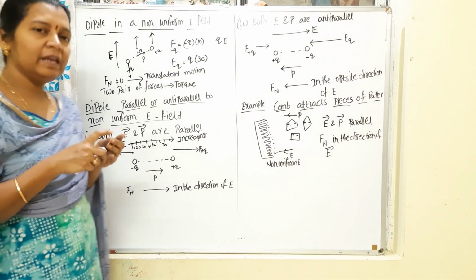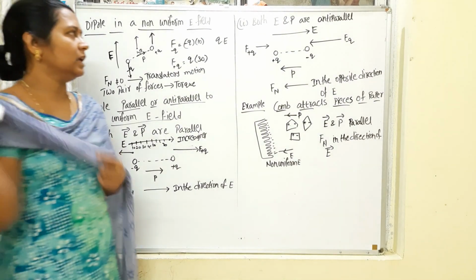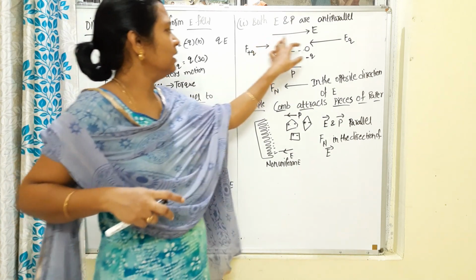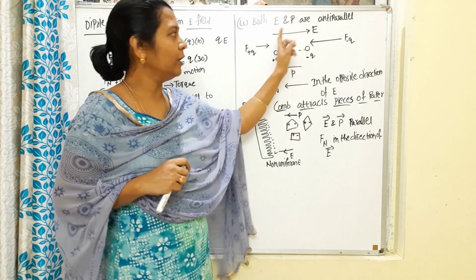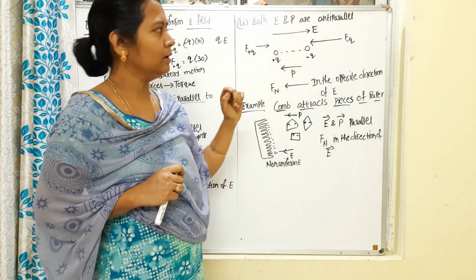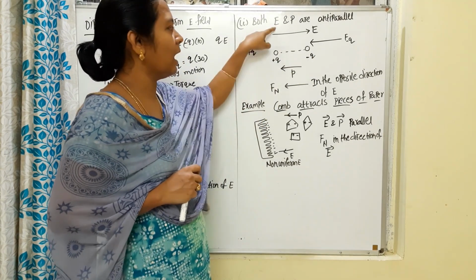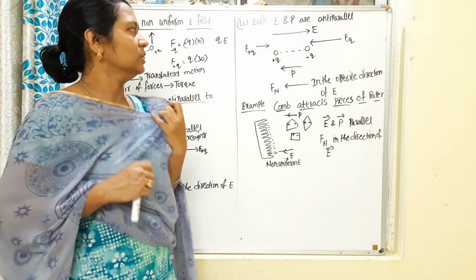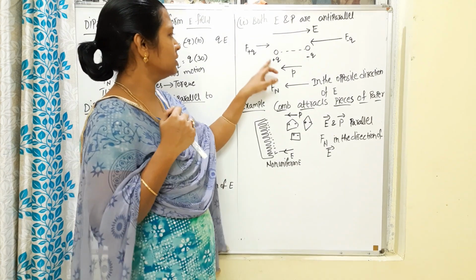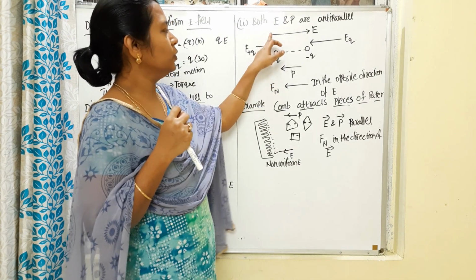Now, if E and P are anti-parallel to each other, see here, it is the same thing: an increasing electric field whose magnitude goes on increasing, and a dipole with minus q, plus q. So here E and P are anti-parallel to each other, right? Now, what is the force experienced by plus q due to the electric field?